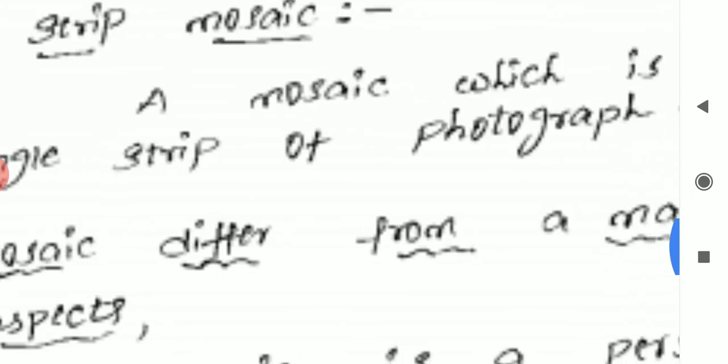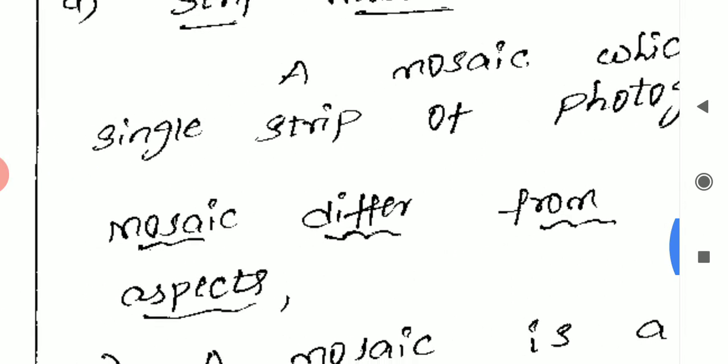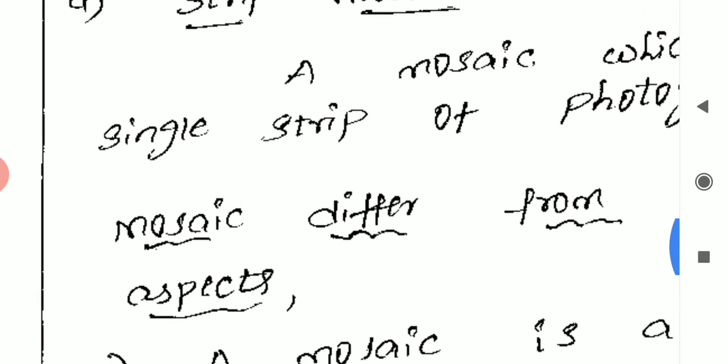Mosaics differ from a map in the following aspects. A mosaic is a perspective projection, whereas a map is an orthographic projection. A mosaic contains relief displacement, tilt, and distortion, while a map shows the correct horizontal positions at a uniform scale.